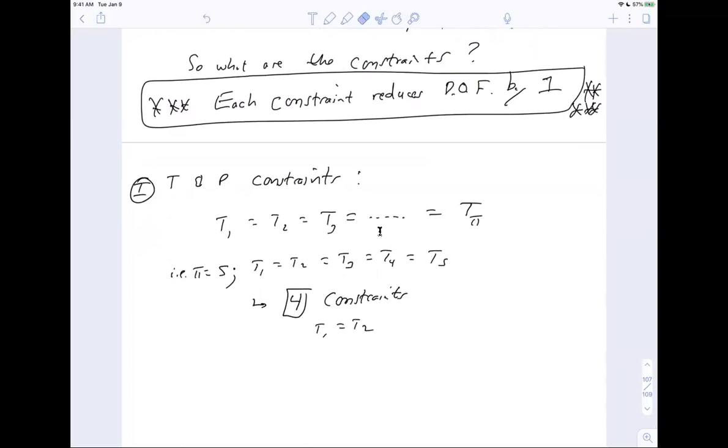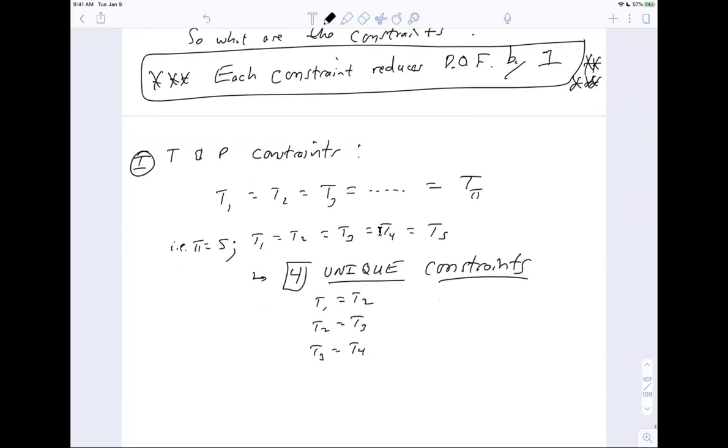This is very important: 4 unique constraints. Those will be T1 is equal to T2, T2 is equal to T3, T3 is equal to T4, and T4 is equal to T5.